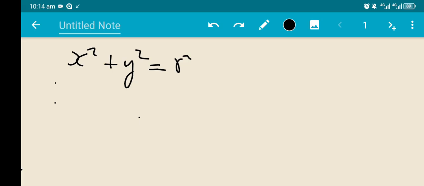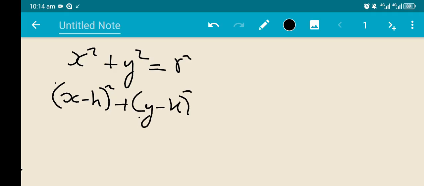But for those which are shifted, the formula is (x minus h) squared plus (y minus k) squared equals r squared. Now this here is the formula of a shifted conic section.